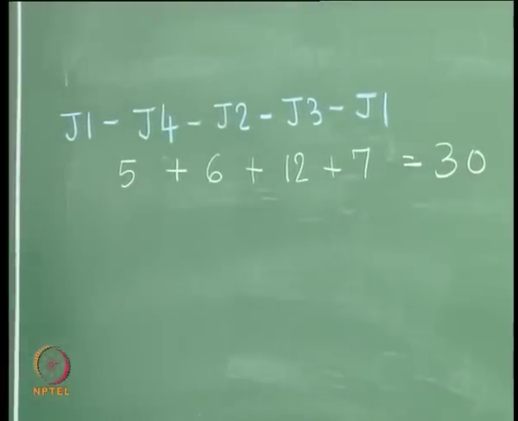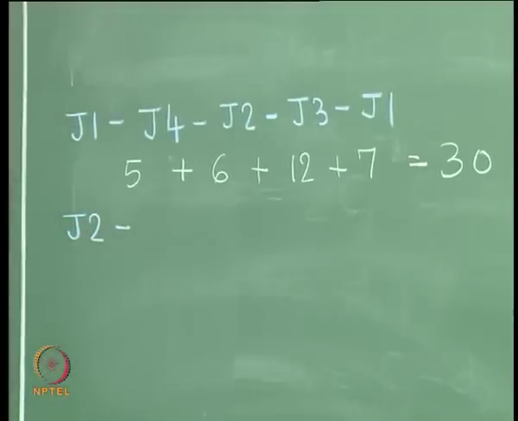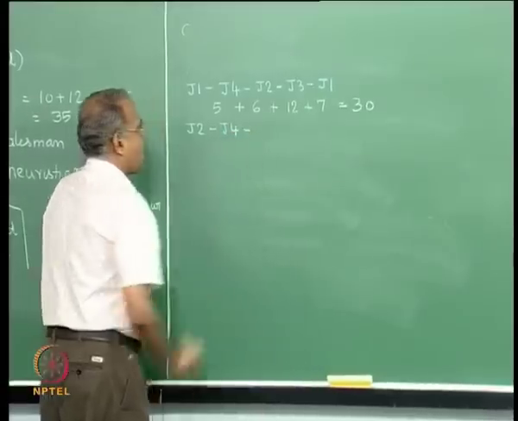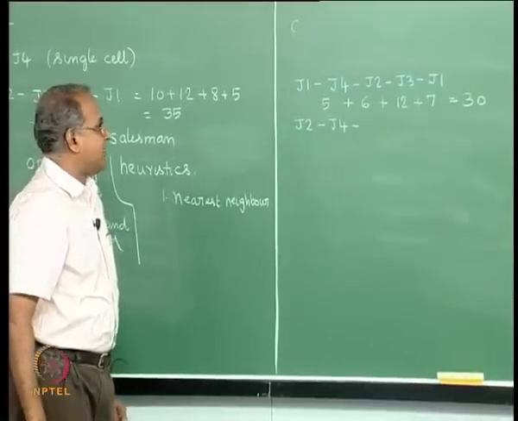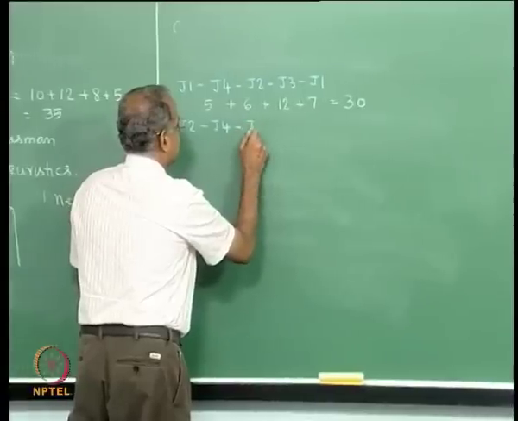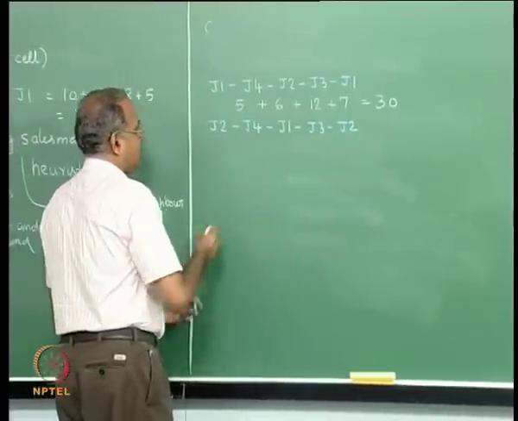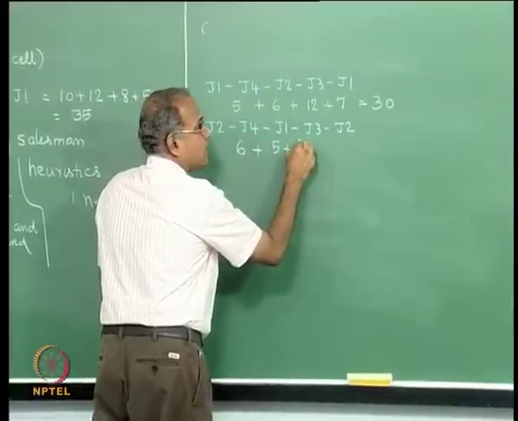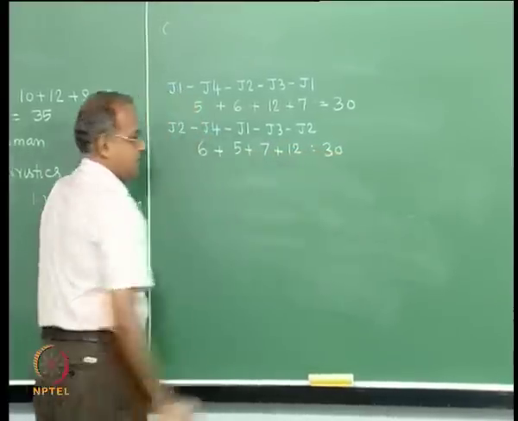Now, if we do a nearest neighbor with J2 as the first one, then we go to this table and see which one is the best. So, from J2 the next smallest is J4, and from J4 we go back and realize that J1 is the next, then we have J3 and then J2, and the time taken is J2 to J4 is 6, J4 to J1 is 5, J1 to J3 is 7, J3 to J2 is 12, which is the same 30.